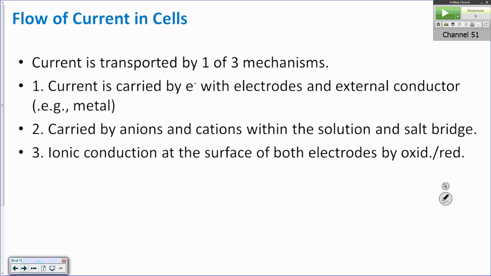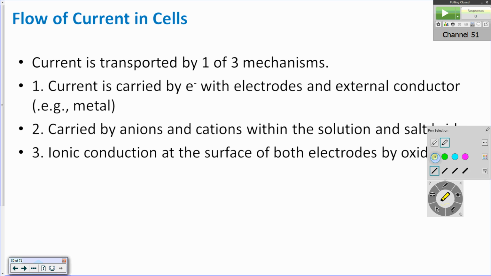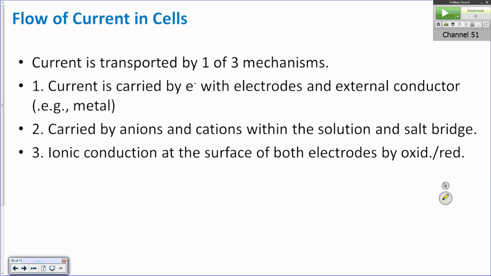Okay, so if I look at how current flows, and I talked about this in the videos, but just quickly want to highlight that: there are 3 different ways that current can flow in a cell. Number 1, it can be carried by the electrical conductor, so within the electrodes and the wires, and in that is the flow of electrons. In metal-metal bonds, the outer valence electrons are free to move around with ease. That's the reason they have high conduction.